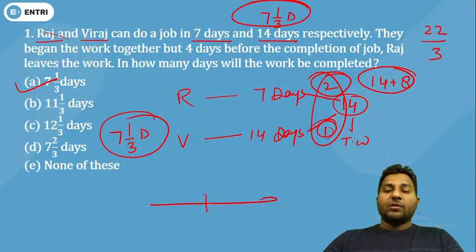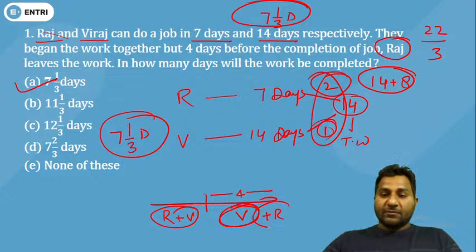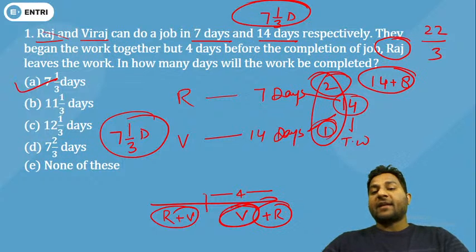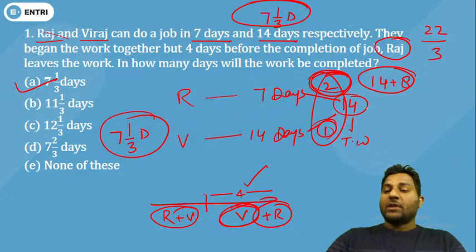So in the total work, for the last 4 days Raj had not been there, that means only Viraj was there. In the initial stages, Raj and Viraj both started together. So if you want to include Raj, you are adding Raj's work in the last 4 days, which must be added to the total work.